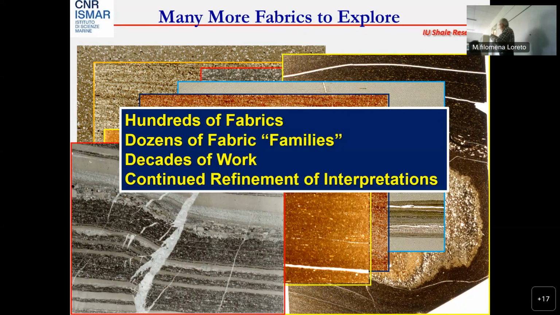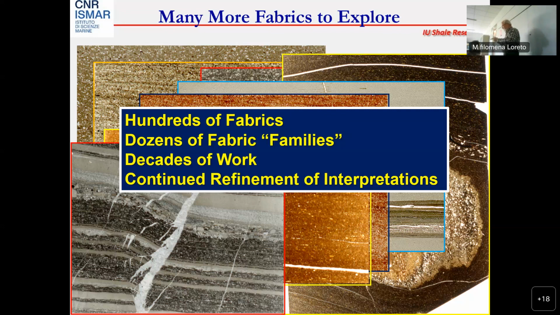I would go through there and check out all the different fabrics on a big blackboard or something like this. There would be hundreds of fabrics for sure, dozens of fabric families.